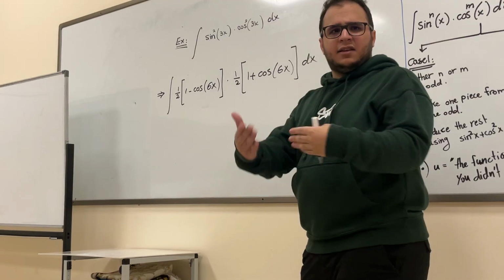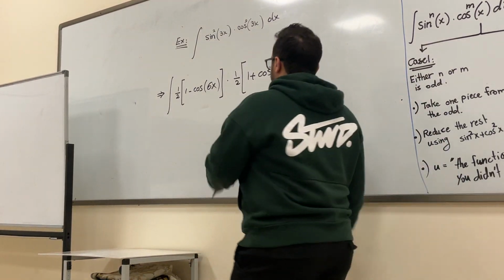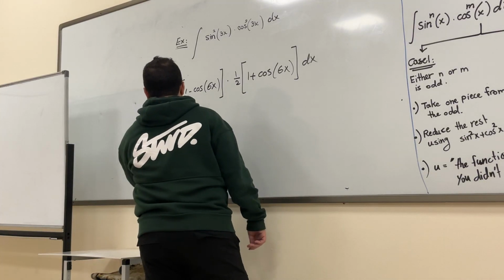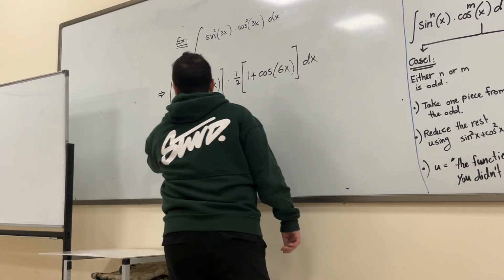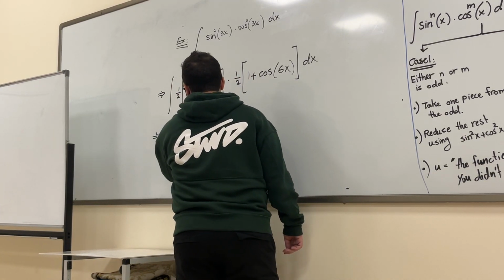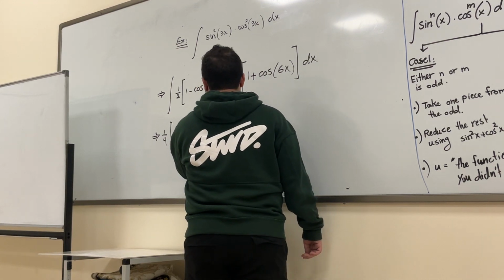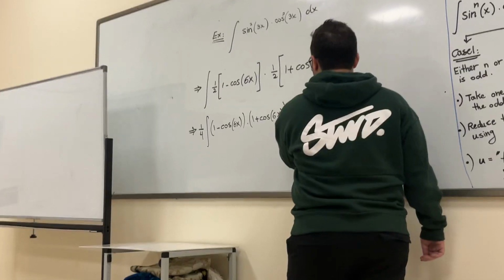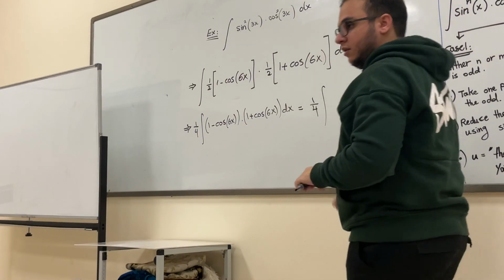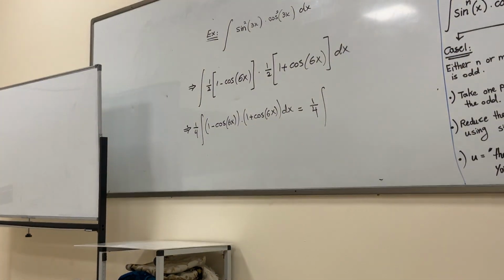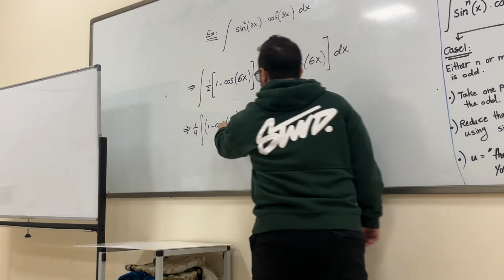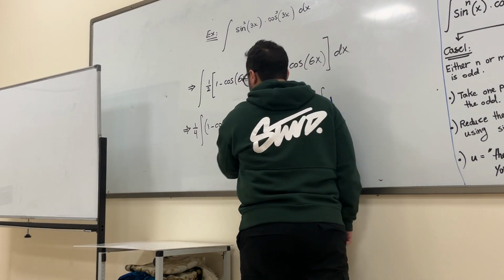So here there's a little simplification. I'm going to take the half times half, which is 1 over 4, outside of the integration. I'm going to distribute, it becomes 1 minus cosine times 1 plus cosine. You can do FOIL. 1 times 1 is 1, minus cosine, and then there is plus cosine times 1.